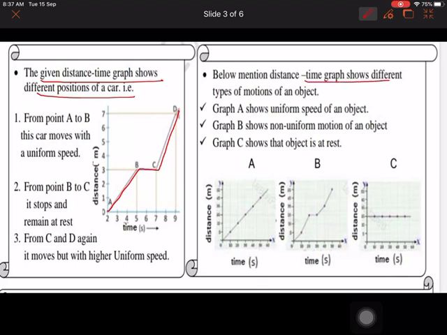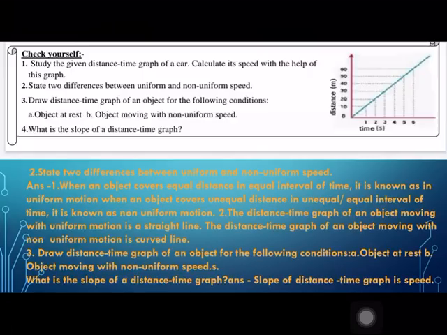Then the distance time graph of the motion of an object showing uniform speed gives a straight line. Non-uniform motion gives a zigzag line or any different line, and when at rest, again a straight line parallel to your x-axis. Question answers first and the third question we'll do in the next slide.